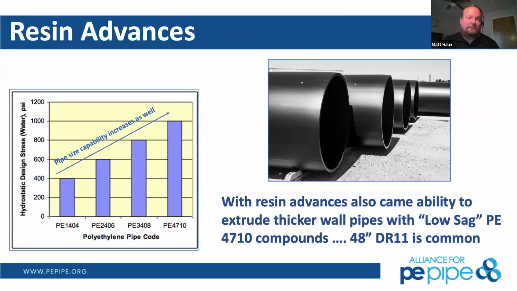So let's talk about some of the resin advances. Over the years, from its first inception back in 1959, I think, the first reported installation of polyethylene pipe, we may have had a material designated a PE 1404. Well, over the years, those properties have just improved, because as technologies go on and infrastructure requirements increase, the properties of the material have evolved to account for those.